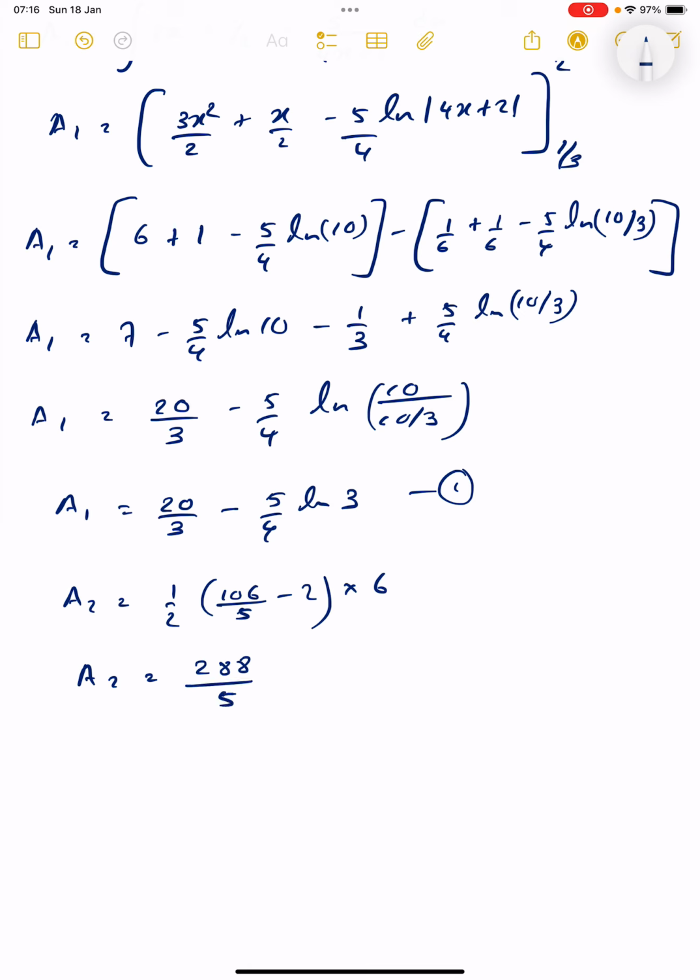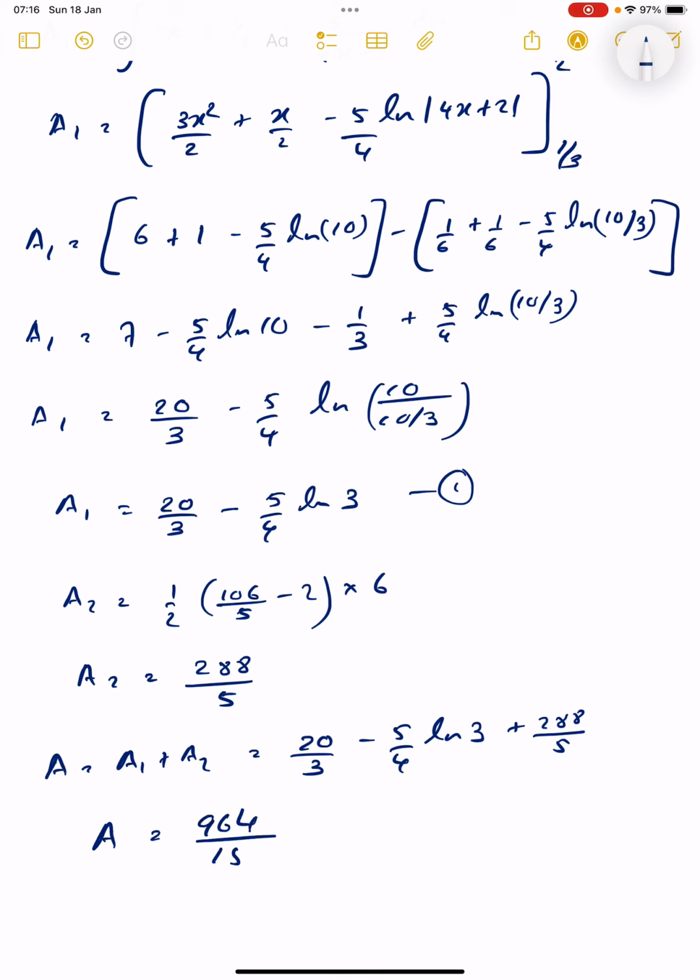So the total area is A1 plus A2, which is 20 by 3 minus 5 by 4 ln 3 plus 288 by 5. Let's add the two numbers, the fractions. This should be 964 over 15 minus 5 by 4 ln 3 as the final answer.